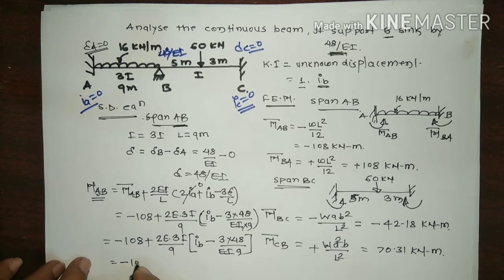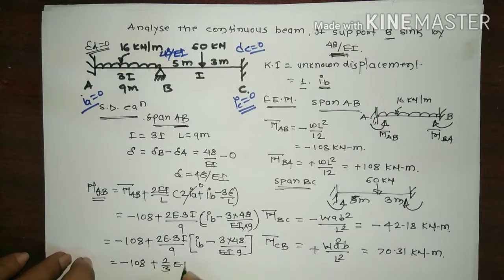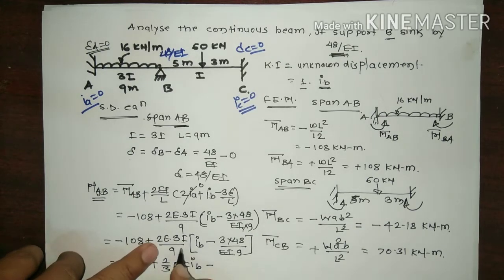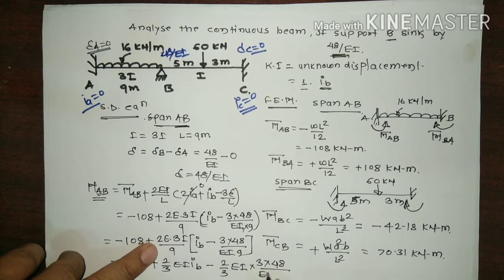So minus 108 here, this becomes 2 by 3 EI θB minus, this becomes here what? 2 by 3 EI into 3 into 48 divided by EI into 9.